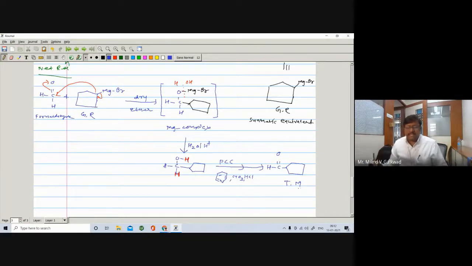the number of examples. So if it is an aldehyde or ketone that you have to prepare, then anyhow you have to convert it into the corresponding alcohol, right?